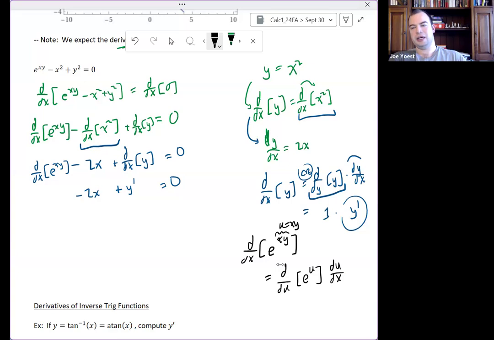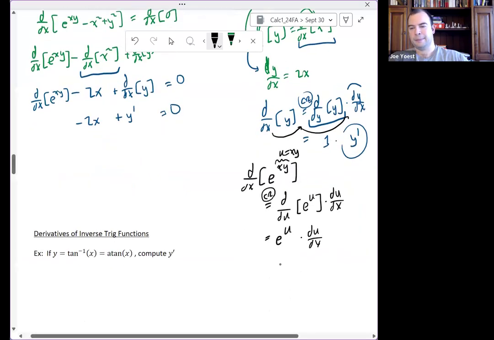If I just rename x times y to the variable u equals x times y, this is just d by dx of e to the u, and then by the chain rule, just like I did up here, this is going to be d by du, e to the u, times du dx. Well, d by du, e to the u is just e to the u, du dx, or that's just e to the xy, du dx.